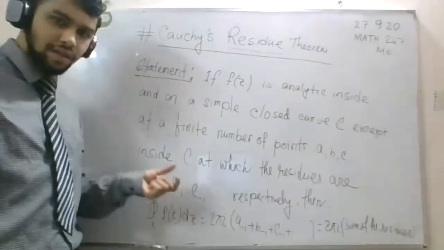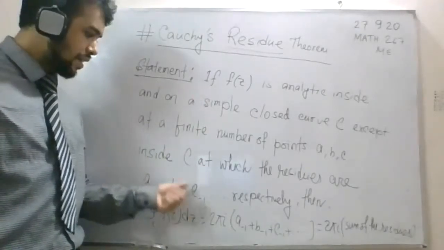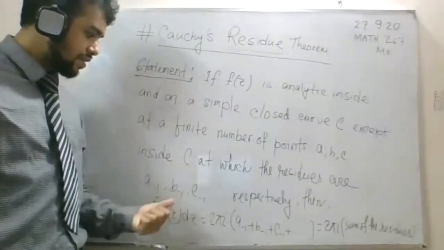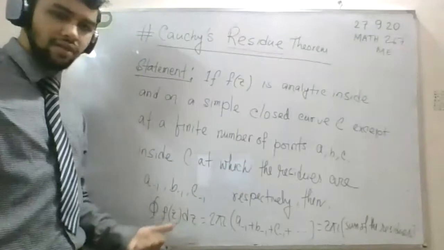Here c is a small c, and this is a capital C. So this one is a simple closed curve, and this one is a point.